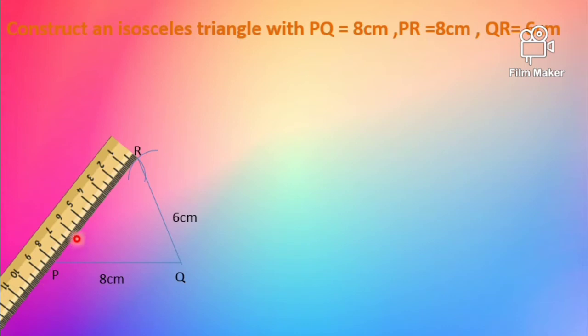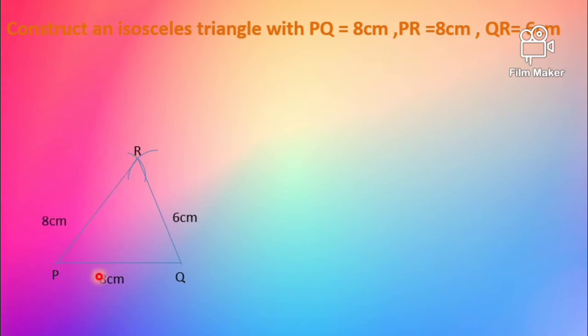PR is of 8 centimeter. It means two sides are equal. Now we have two equal sides: PR is of 8 centimeter and PQ is of 8 centimeter. Now this is an isosceles triangle with two equal sides.